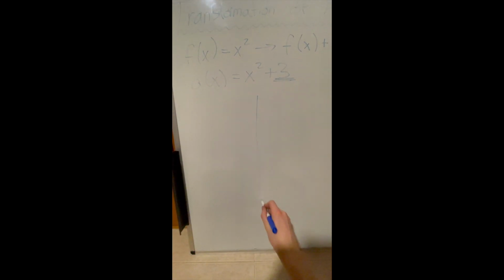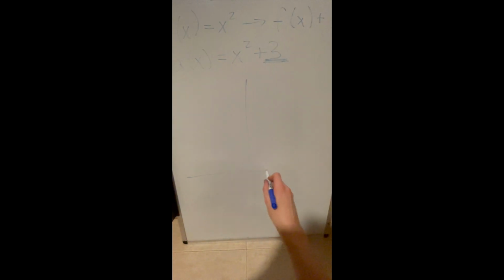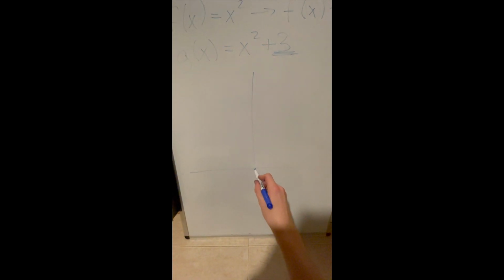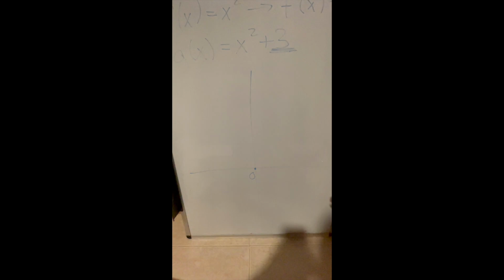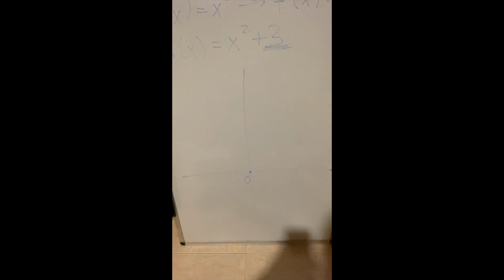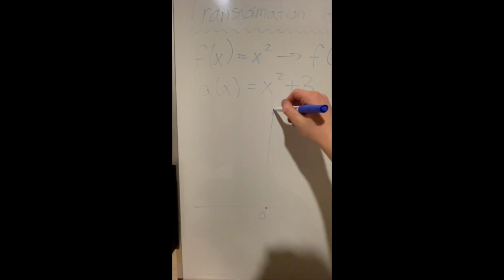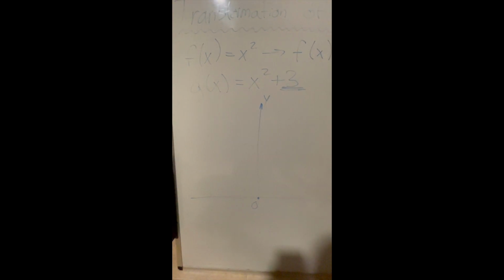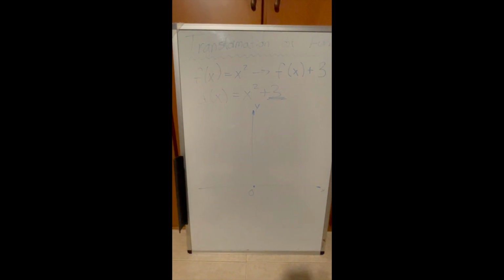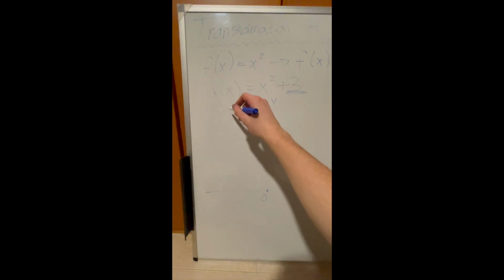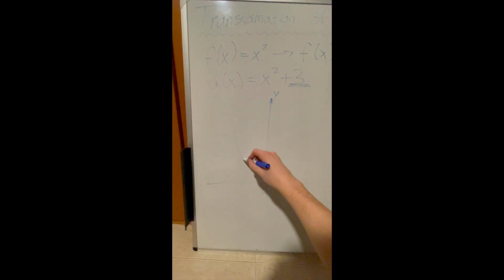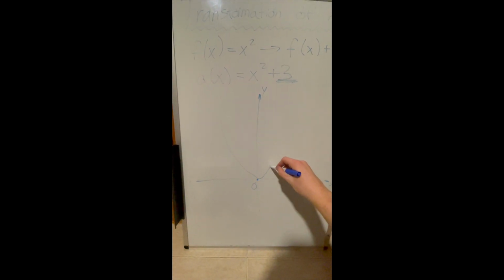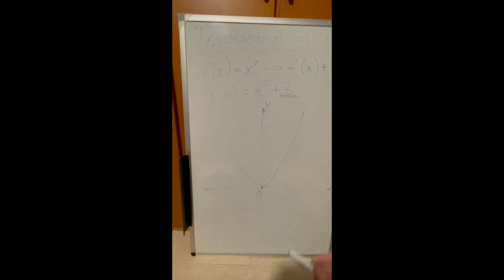Let's draw our function. This is point 0. This is our x-axis, and this is our y-axis. So, in our original function, this is a parabola that passes through point 0, 0, and goes like so.